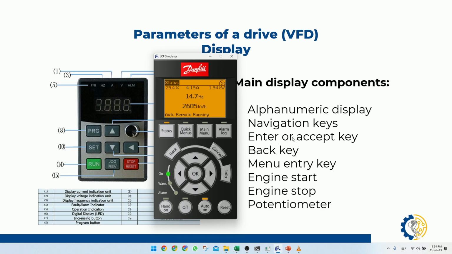So an enter key or accept key is, in this case, the OK. In this case, it should be the run or the set, depending on the brand. However, this drive should have that accept key. So for example, here in this interface, if you notice, it's pretty easy, okay?